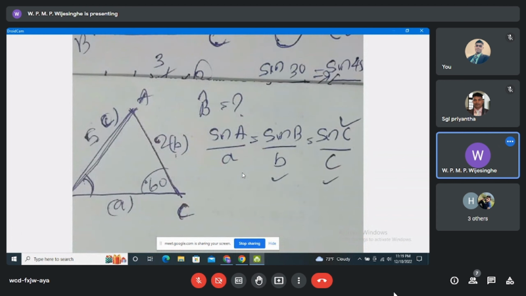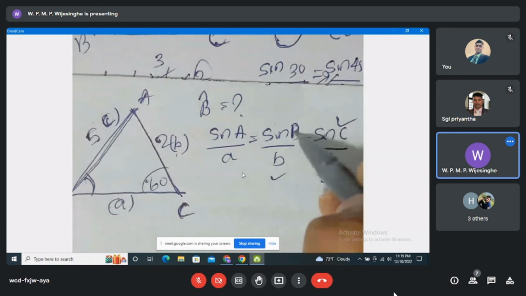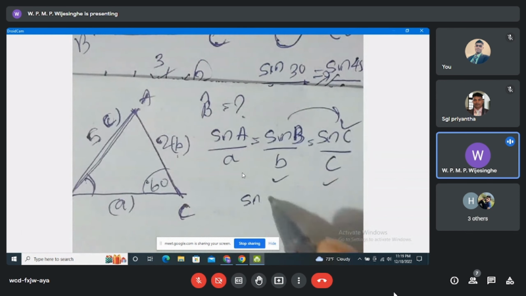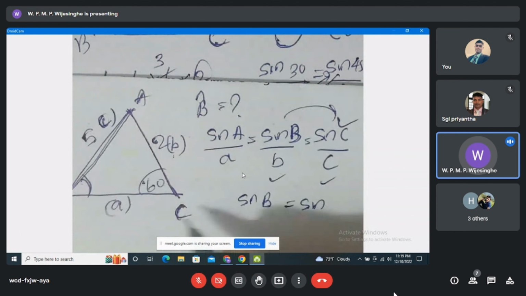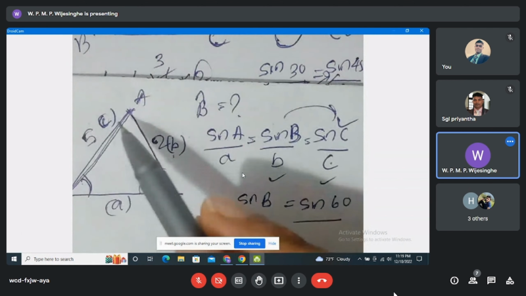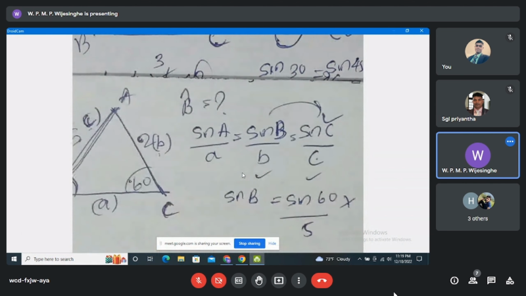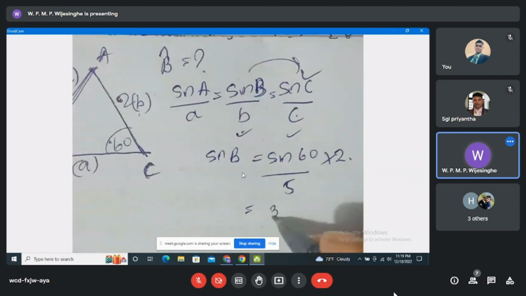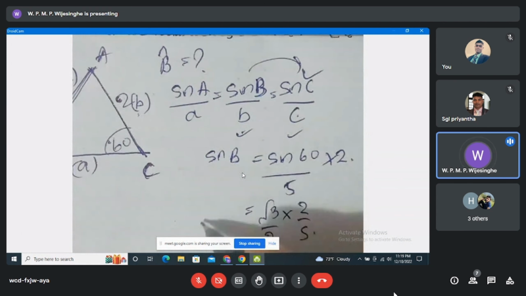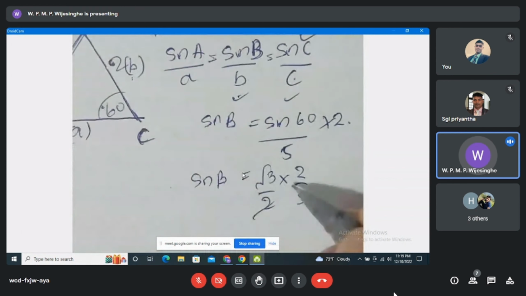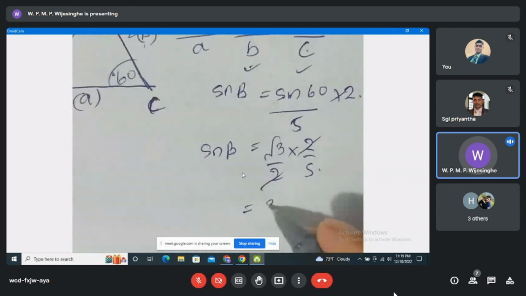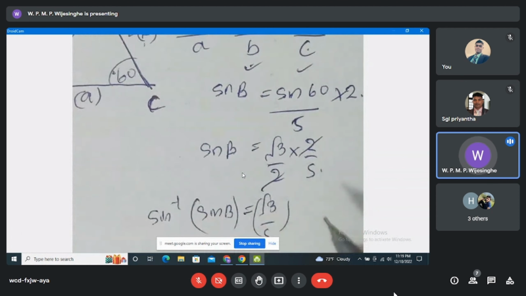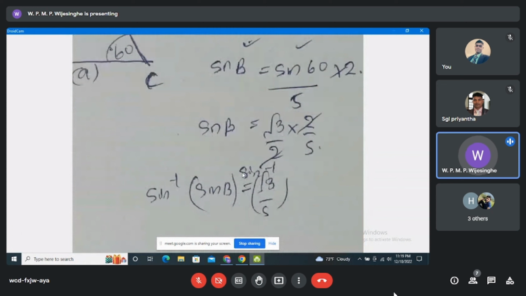Then you can find sine B: sine B equals sine 60 divided by 5, times 2. Simplify this, then you will get sine B equals square root of 3 over 5. Then take sine inverse on both sides, right?